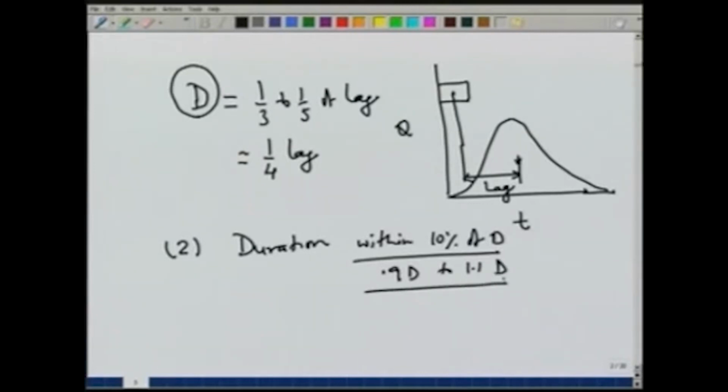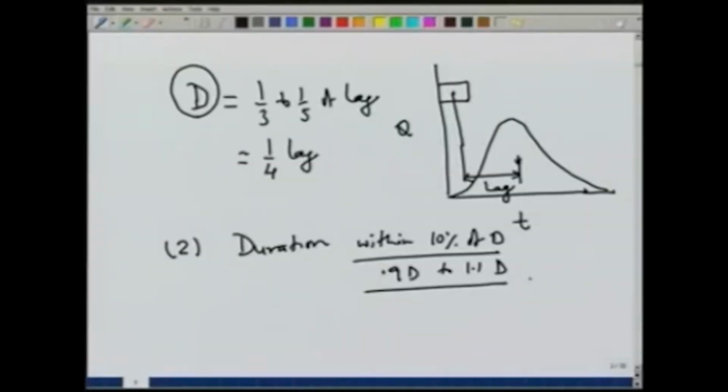So, we select a few storms in which we have uniform flow occurring over the entire catchment, and the duration of rainfall is 0.9 d to 1.1 d. We may get 3 or 4 such storms, and for each storm.